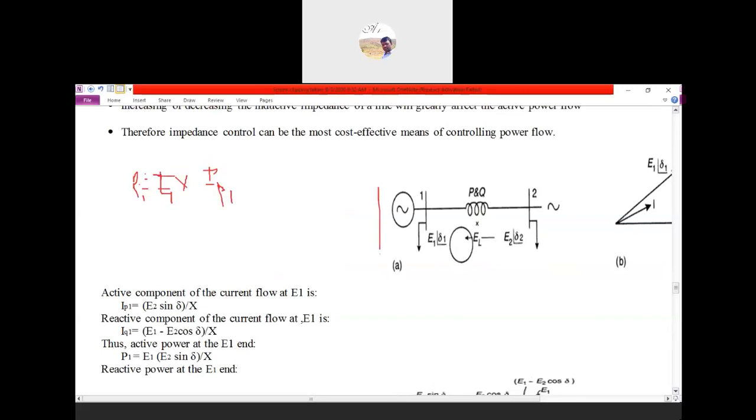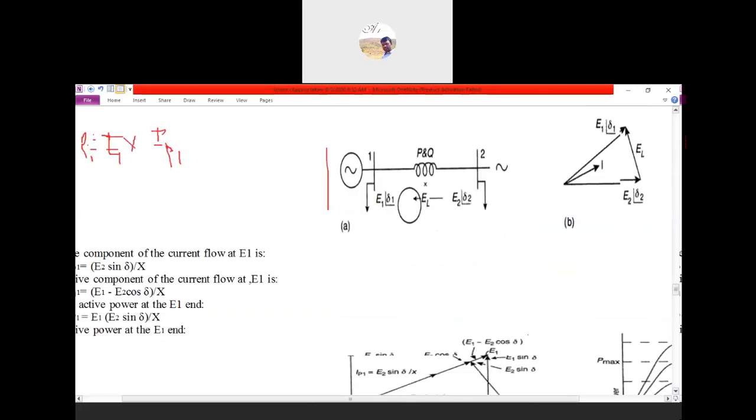Here in dynamic stability, we are considering the power flow and dynamic behavior of a transmission line.